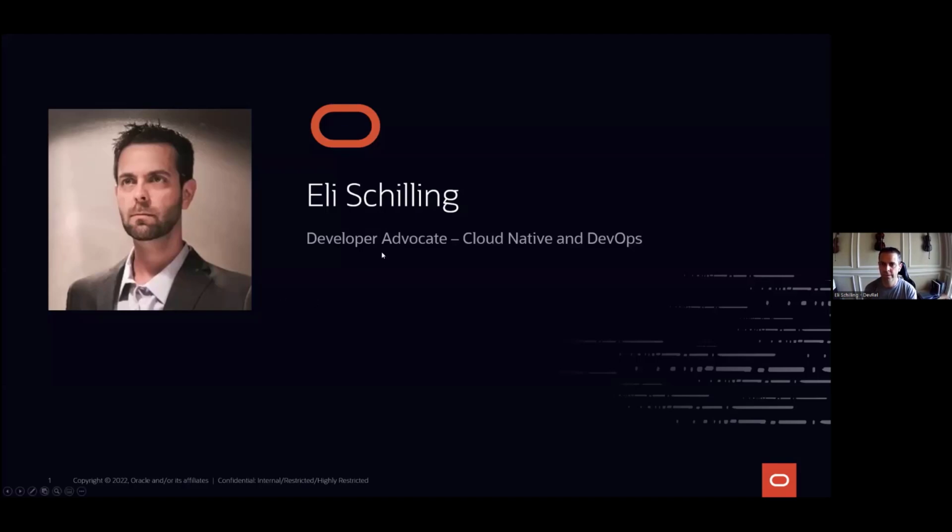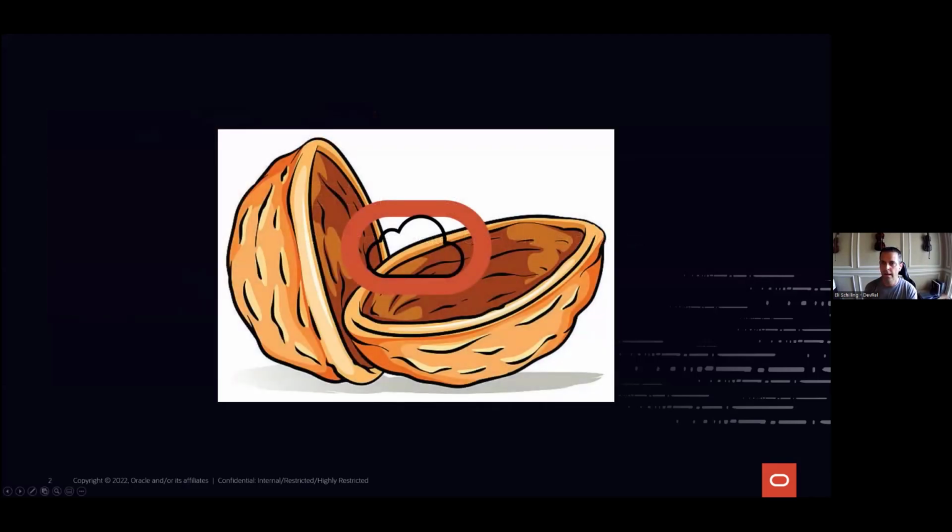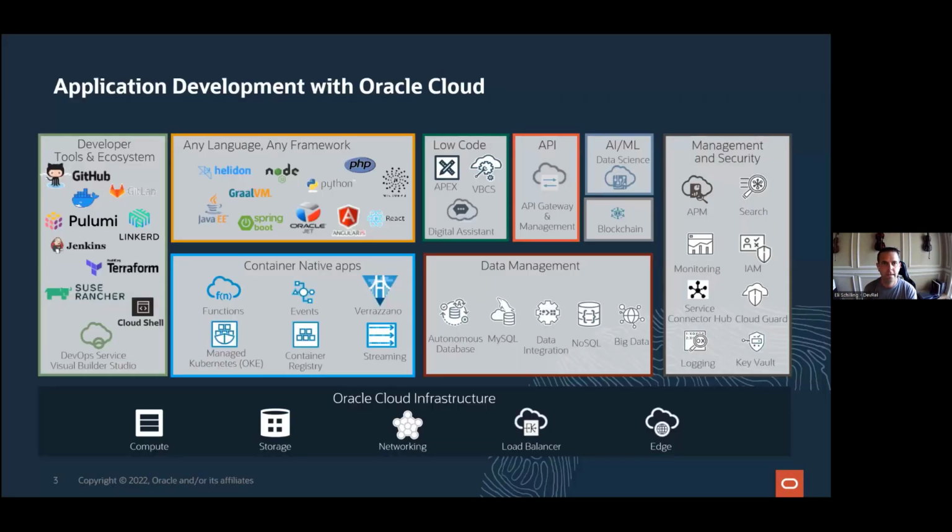So without further ado, how about a little Oracle Cloud in a nutshell to get us started today? I just wanted to run through the app dev landscape here really quick. I know this is somewhat of an eye chart, but OCI is really built on open standards.